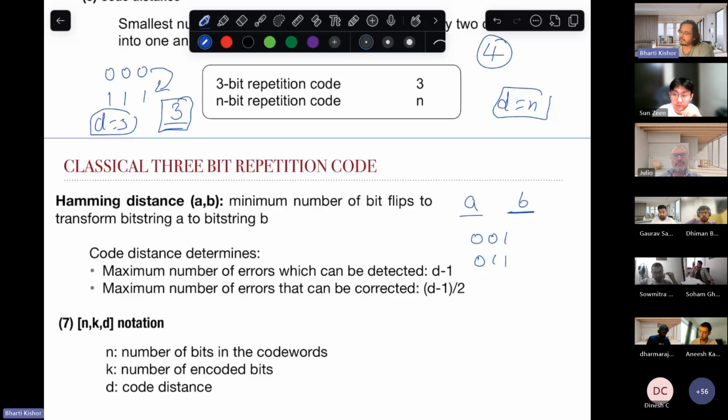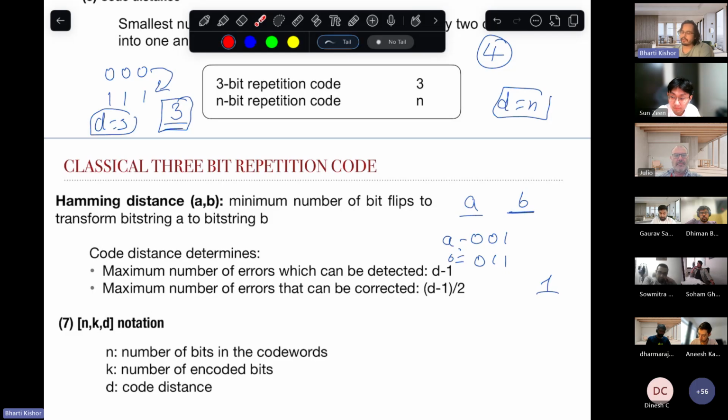Now the Hamming distance between A and B will be basically 1. You just flip 0 to 1 and you go from A to B. So the Hamming distance is just 1.